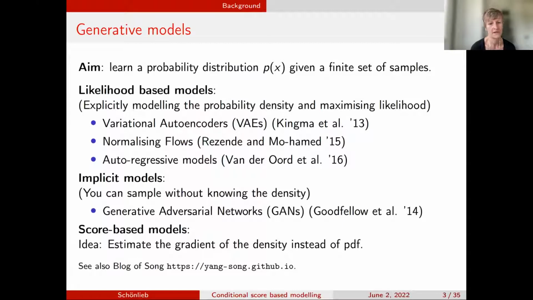And another category, which is in a way also the foundation for these score-based diffusion models, are score-based models, where the idea is that you estimate the gradient of the probability density instead of the probability density itself. And these were the earlier models. You could use something like Langevin dynamics to sample. Okay, so this was kind of the idea.